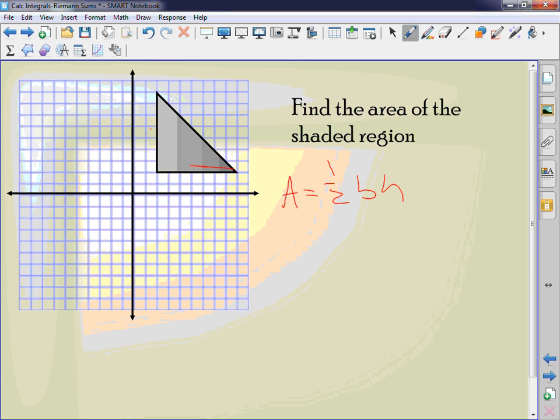My base is 1, 2, 3, 4, 5, 6, 7. My height is 1, 2, 3, 4, 5, 6, 7. 7 times 7, cut in half. It's 49 halves, or 24.5.